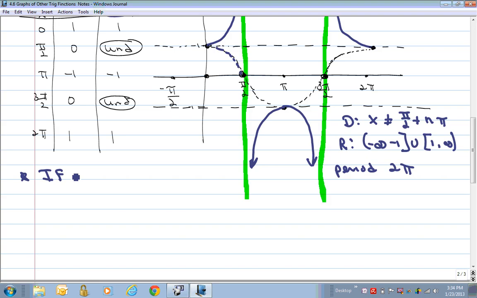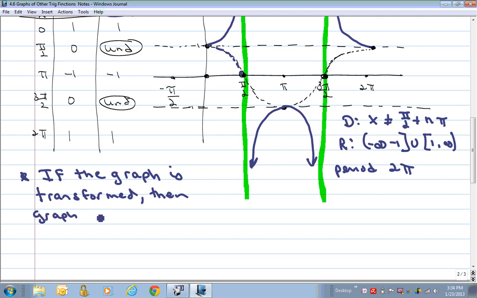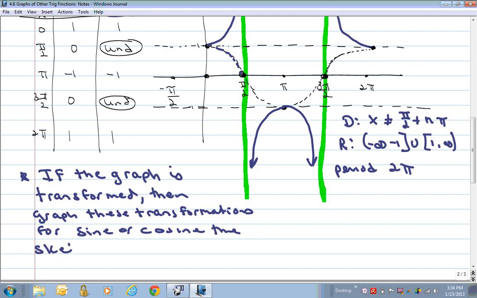If the graph is transformed, in other words, it's shifted, stretched, reflected, etc., then graph these transformations for sine or cosine, then sketch in your cosecant and secant.